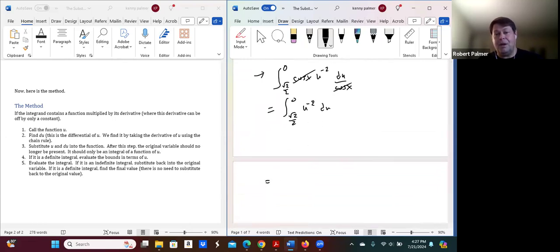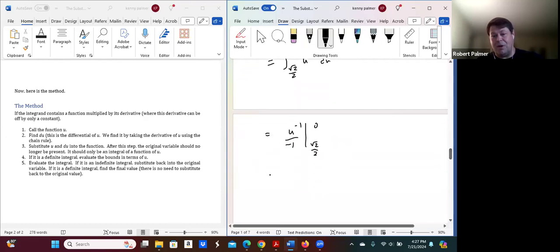Okay, and so remember that we add 1 to our exponent, so u is going to be negative 2 plus 1 is negative 1 over negative 1, and integrate that between square root of 2 over 2 and 0. Okay, and so I'll pull the negative out front.